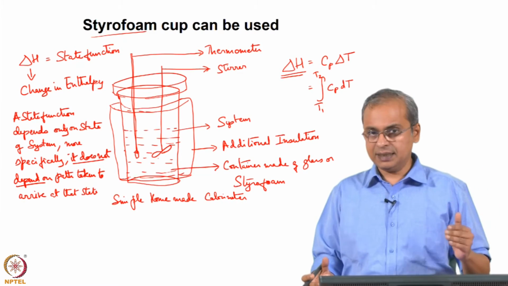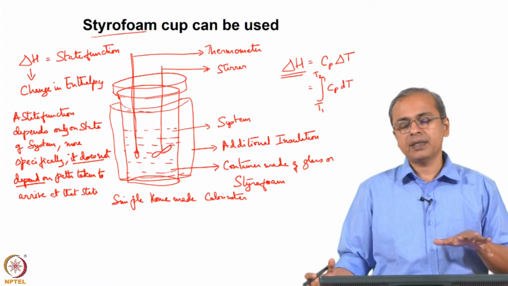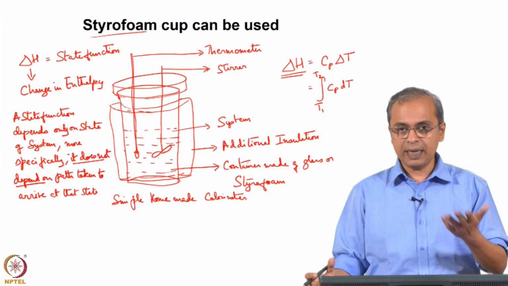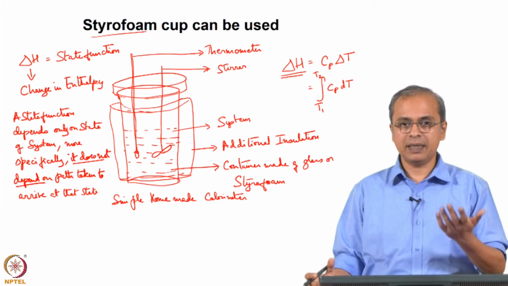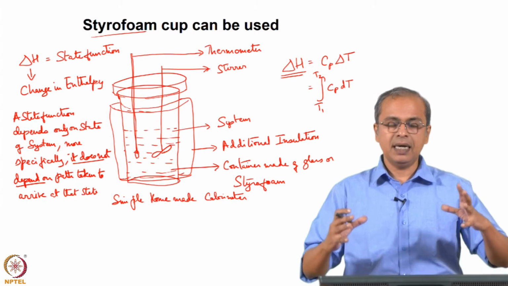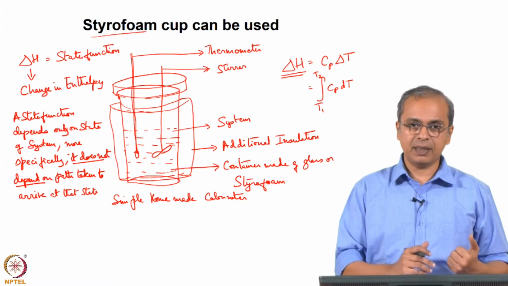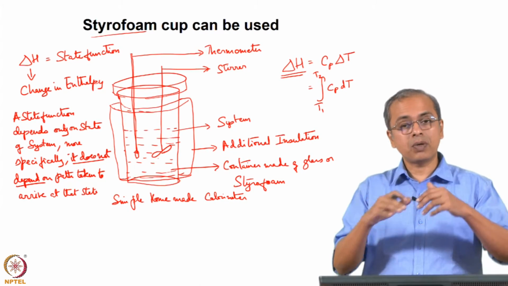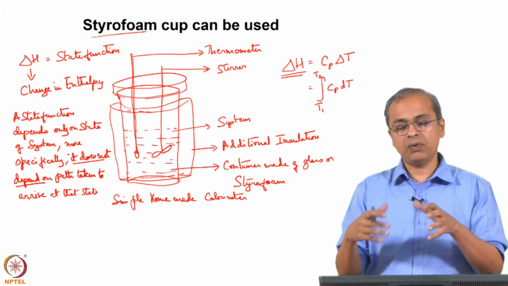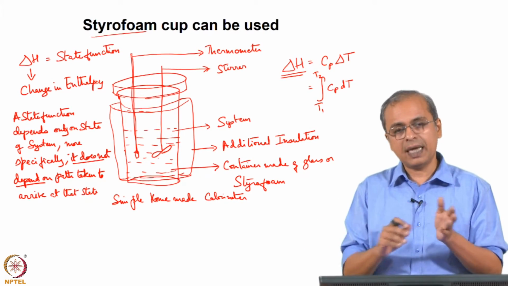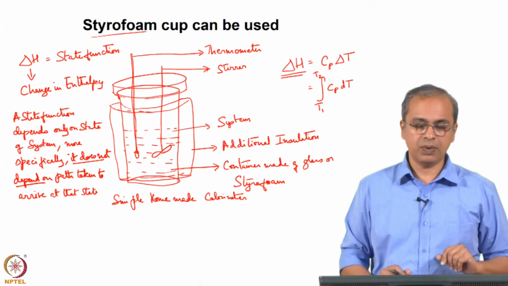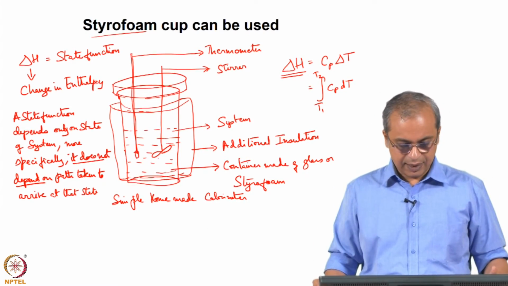So, this delta H is a state function, and calorimetry is a process by which we look at heat exchanges and associated temperature changes, and from that we extract this enthalpy information. Because it is a state function, we are not concerned about how it arrived at that location. As long as it arrives at that location, whatever is the difference in heat is all that we need to look at. Okay. So, this is the point here.